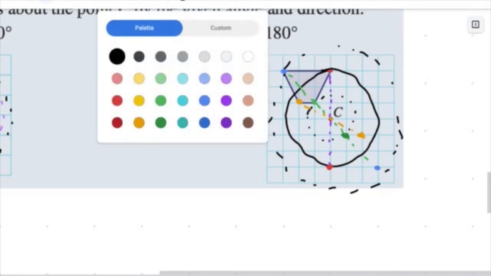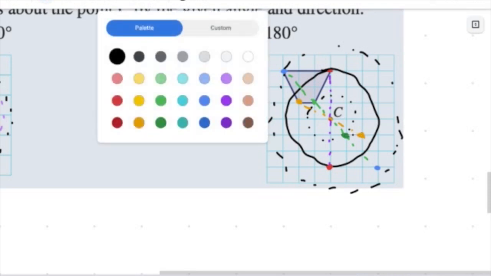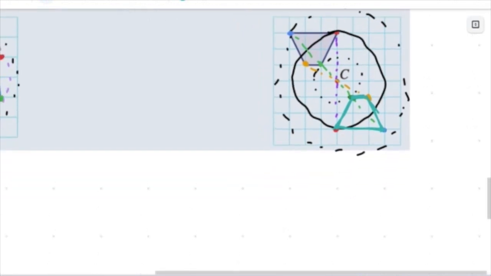So all I need to do now is just draw in, let's do it in another color, my final shape. So that's going to be here, here, here, and here. So I have a trapezium once again that has been rotated 180 degrees.